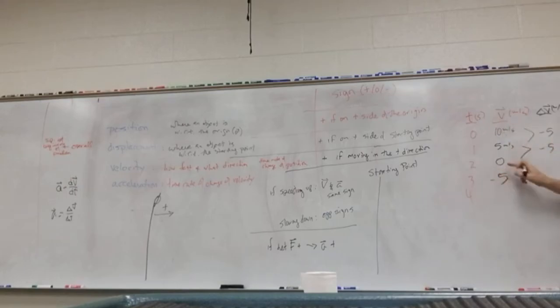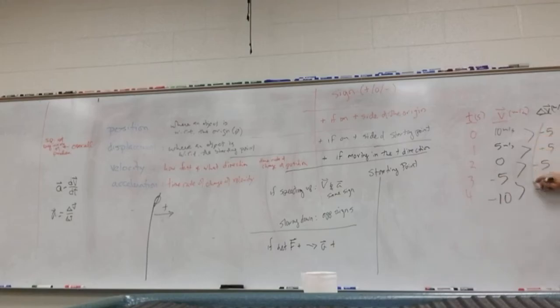Now I'm at -5, I'm going in the negative direction here. What's my change? -5. Change is always final minus initial. It's this minus that. My change again? Now this is change in velocity, it's not acceleration, but change in velocity and acceleration are always the same sign.